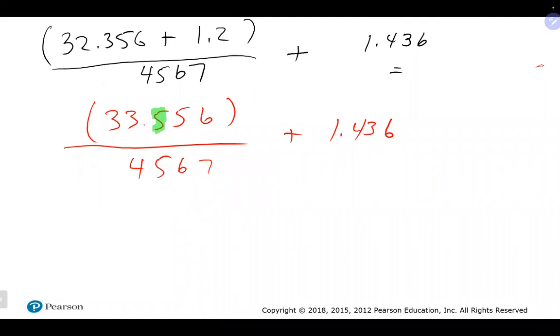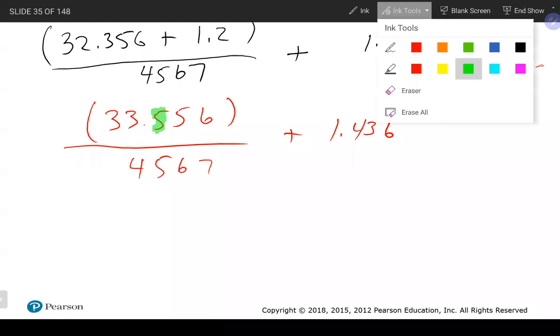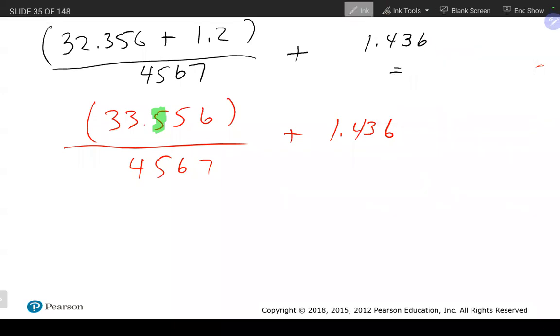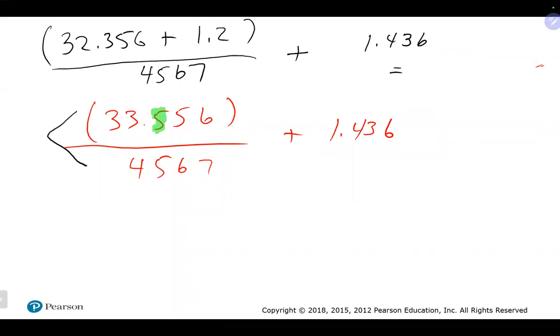So the next operation we would do is take that top number and divide it by the bottom number. So once again, here we are dividing. So I'm going to look at significant figures. And that's why it's important to remember that this really should be 33.6, right?